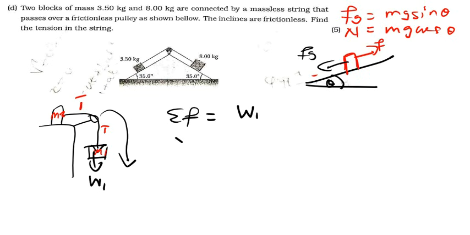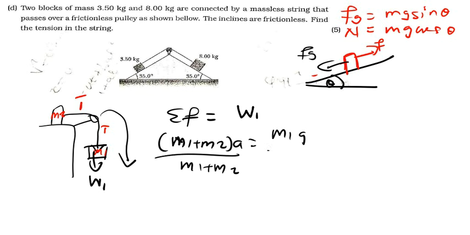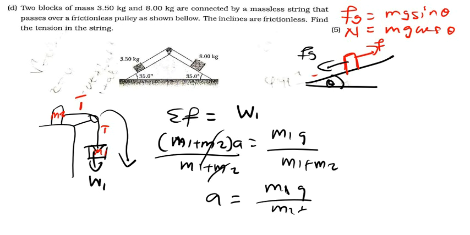So it is going to be m1 plus m2 times acceleration equal to m1g. You divide both sides. This is the same as the question we were solving for the pulley system. These will cancel. a will be equal to m1g divided by m1 plus m2.